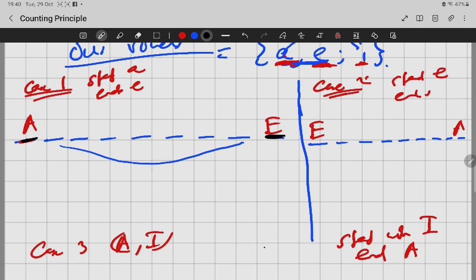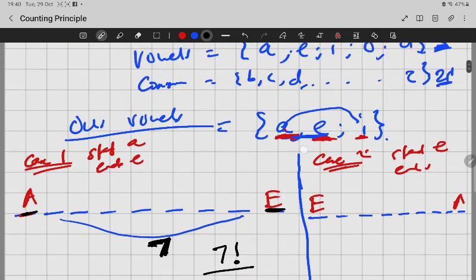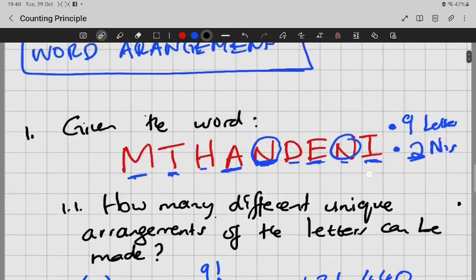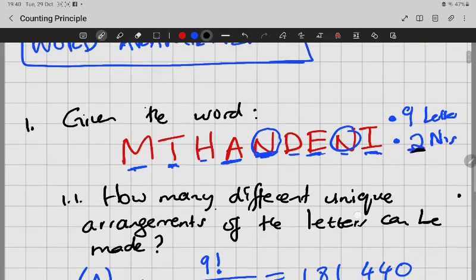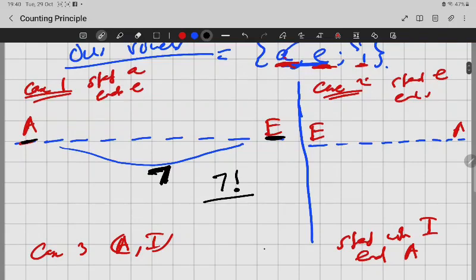We had 9 slots, so we're only left with 7 letters. So we're going to have 7 factorial. But now out of the 7, do we have any repeated letters? Let's go back. We still have N, which is 2 N's. So we're going to divide by 2 factorial. We can treat these as 1 times 1 because they have fixed positions. So we are done with this case.